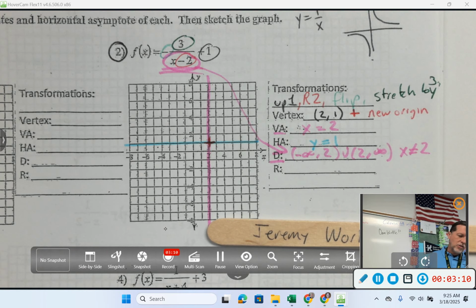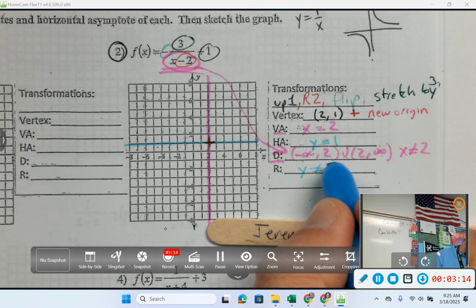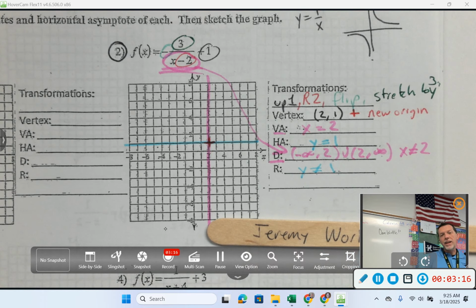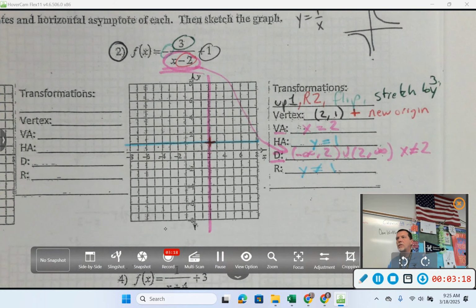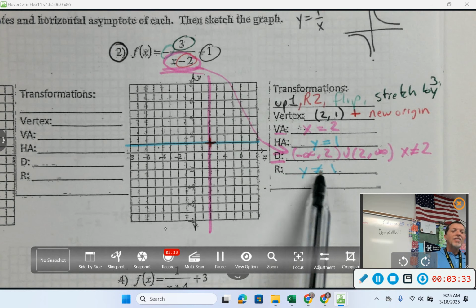Jeremy, how about the range? Y can't be 1. And again, you could write that fancy style if you wanted to. And I'm glad that we worked out that we did one fancy and one not fancy. It's just a good reminder. What happens if you put 1? Well, you mean like how do we know Y can't be 1? That's a little bit harder.